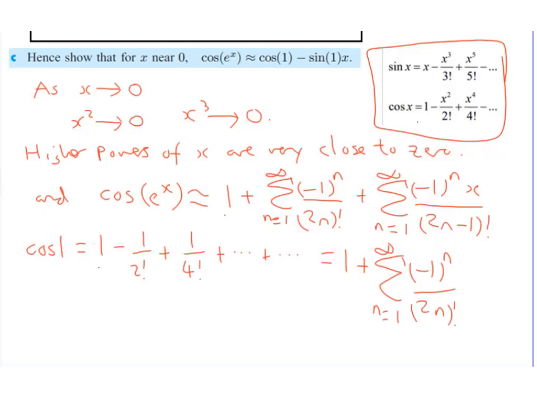Show that cosine e to the x approximately equals cosine 1 minus sine 1 times x. Well, the cosine 1 bit, we've already got this and this, which you should notice is exactly equivalent to this and this. As long as the sign matches up with the rest, then it's fine.